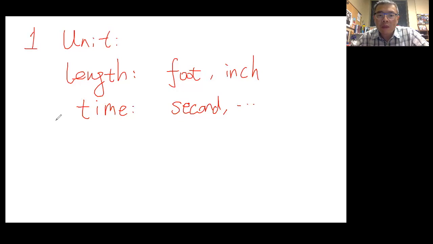Now, then you can specify a number in front of this unit, so that people understand how long it is or how much time it is, et cetera. Okay. Now, there are two kinds of unit systems we have. One is called US customary.